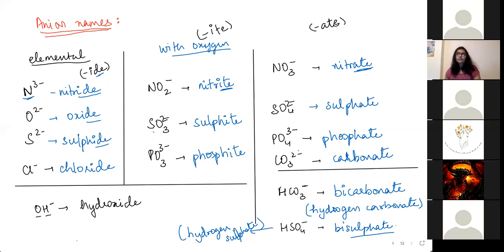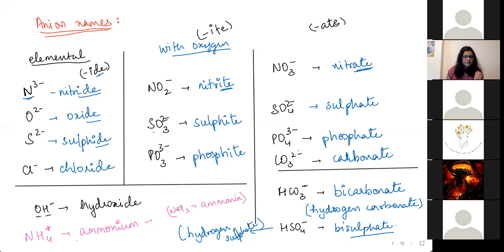And the other one is not exactly an anion, it's a cation. So I'll just put it in a different color. So NH4 plus, it's not an anion, so just be careful. NH4 plus is called ammonium. It's also simple. Its base is NH3, which is ammonia, that's a chemical.